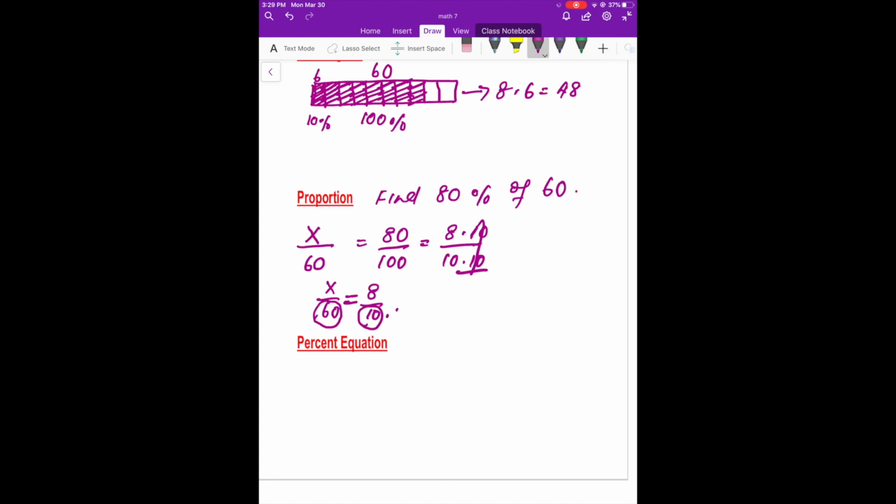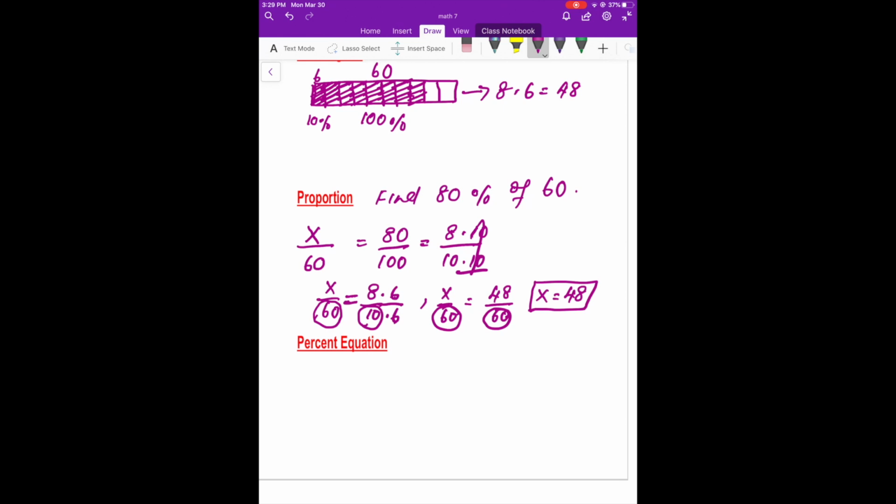So if I multiply 10 by 6, I get 60, but I have to multiply the numerator by the same quantity also, because otherwise the value will change. Now the value won't change because 6 over 6 is 1. So you get x over 60 equal to 48 over 60. That means the denominators are the same, so the numerators have to be the same. So x is equal to 48. That's another method using proportion.